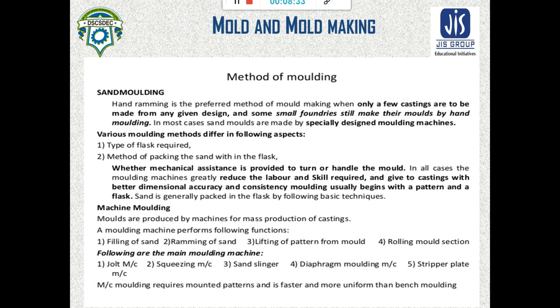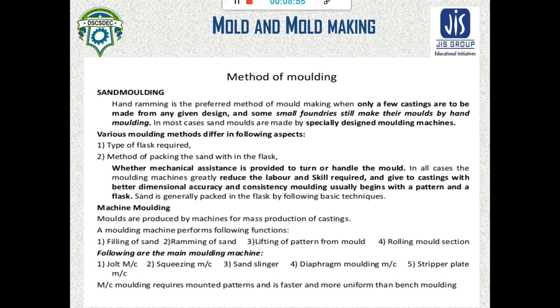The various molding methods differ in the following aspects: what type of flask is required, and the method of packing the sand within the flask. Also whether mechanical assistance is provided to turn or handle the mold.